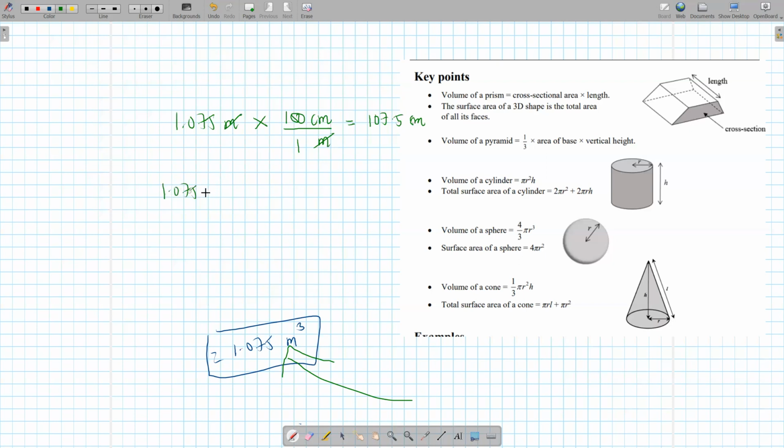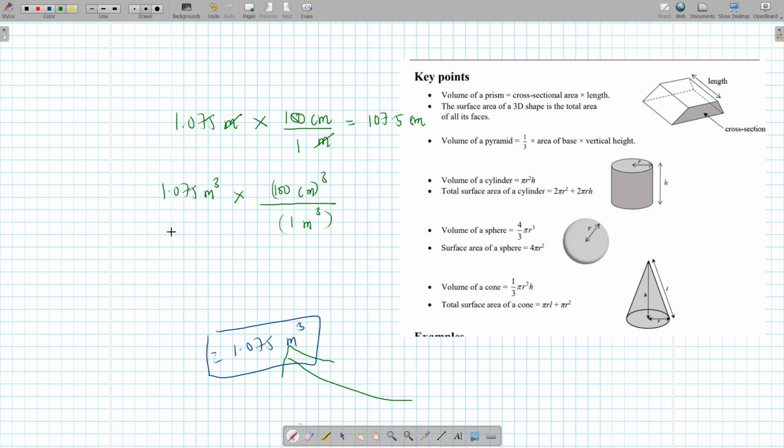Now when you introduce meters cubed, things get a little bit dicier. Now we have a meters cubed there. We want to kill that off, so we've got to introduce a meters cubed down here, correct? And we want the answer to be in centimeters cubed. The conversion factor between centimeters and meters is the same as before, but now we put it in a bracket.